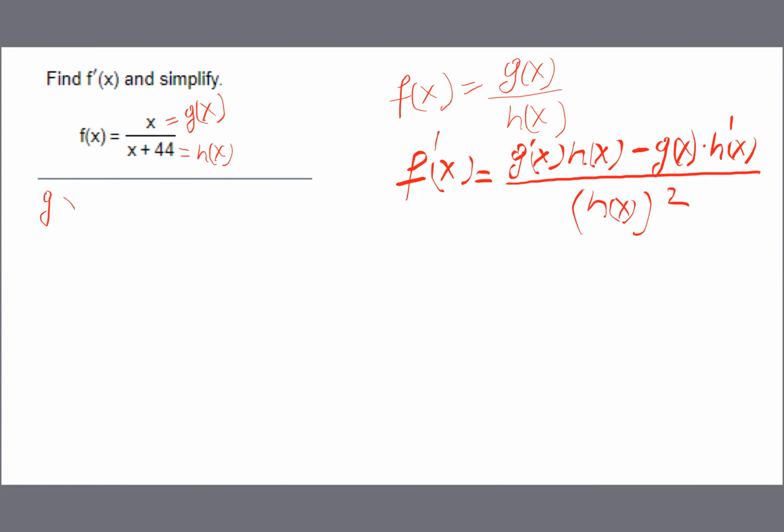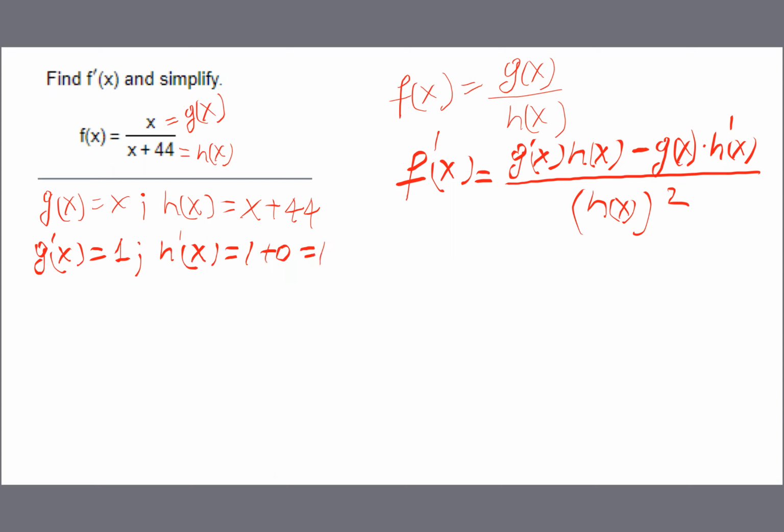So g of x is x, and h of x is x plus 44. G prime of x using the power rule is 1. And h prime of x is 1 plus 0, which is 1 as well.